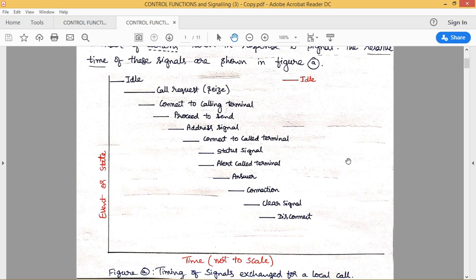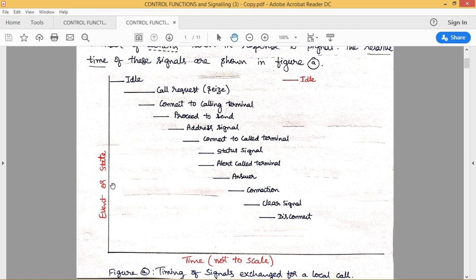After receiving the alert signal, the called person lifts his handset, and an answer signal is sent to the local exchange, as well as to the calling person, indicating you can start the conversation. Once the answer signal is received by the calling person, he starts communicating.